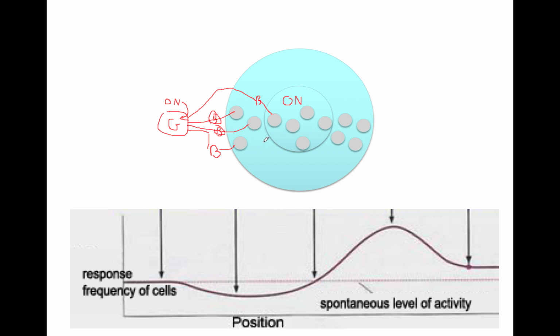So you can envision that there are these bipolar cells that are connected to photoreceptors represented in gray, and that they're carrying their information on to this ganglion cell. So there's a convergence of information as it's feeding into this ganglion cell. And there's an on center, an off surround.